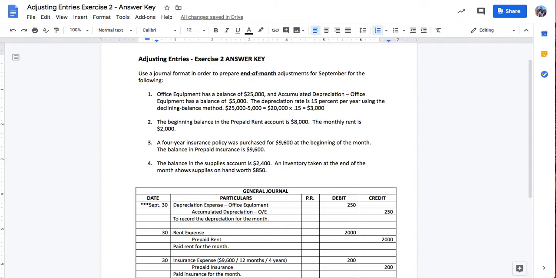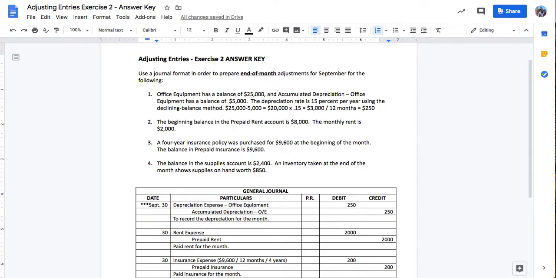So if I was doing end of year adjustments, I would be done. This would be my adjustment that I would work through. However, our exercise says we are doing end of month, which is really important. So we're just going to take one more step here and simply divide that by 12 months. And you are going to get a depreciation value of $250 per month.